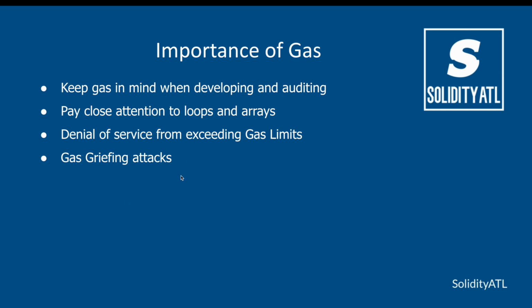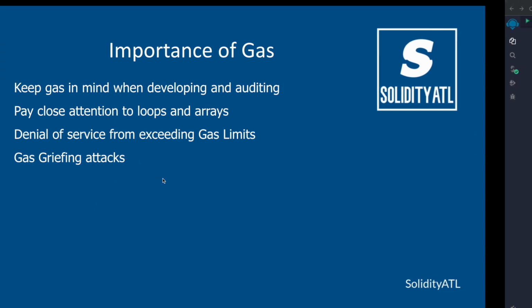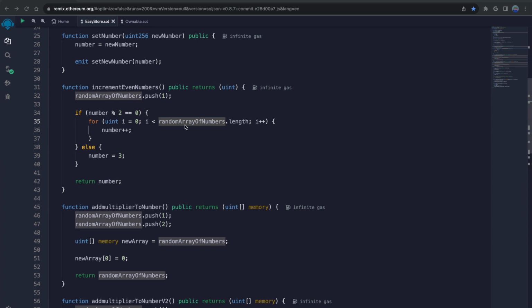Another thing to think about is gas griefing attacks. This is a little bit more advanced if you are newer to smart contracts, but a gas griefing attack is essentially an attack you can make whenever a contract is making external calls to, let's say, another contract or in some relayer type of operation.